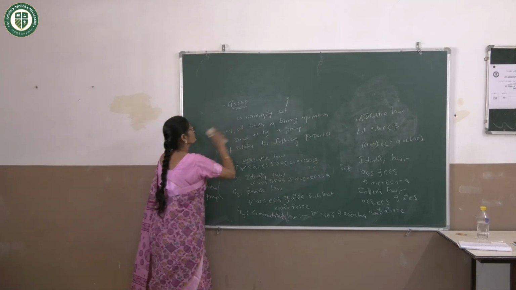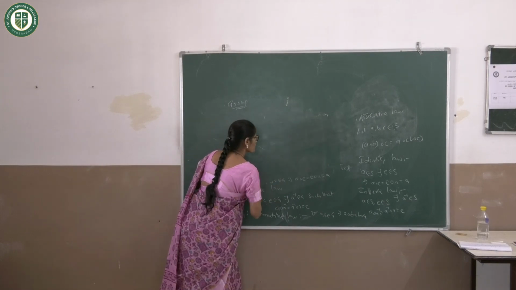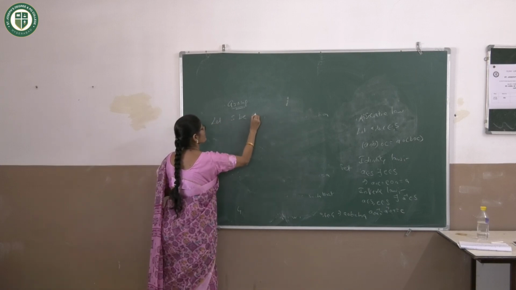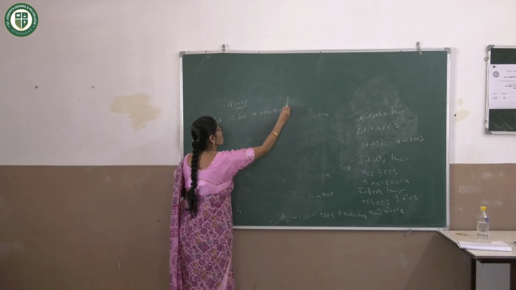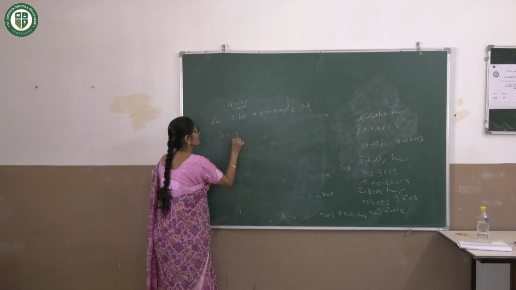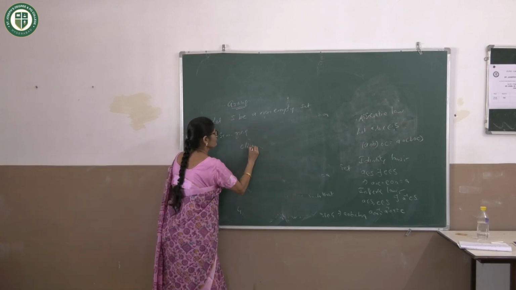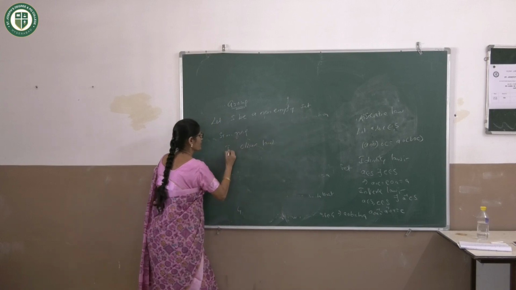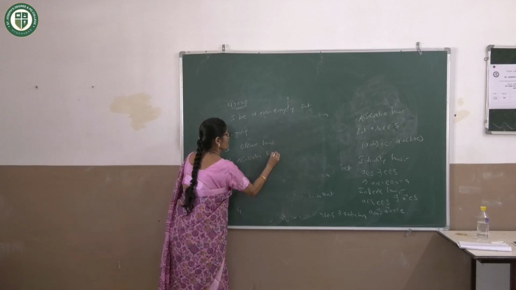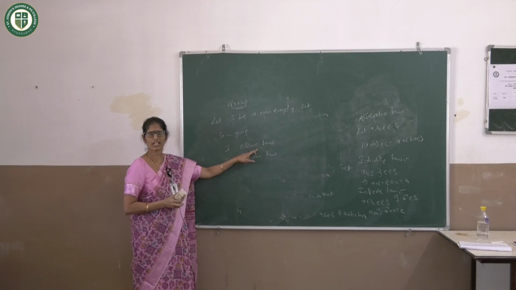Next, let S be a non-empty set. This S is said to be a semi-group if it satisfies only two conditions: number one, closure law, and the other one, associative law.